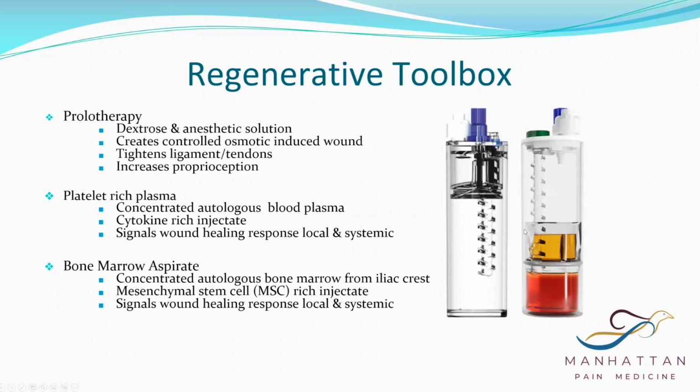Like platelet-rich plasma, bone marrow aspirate takes autologous bone marrow. We get that from the iliac crest, and we spin it down in a centrifuge, and again get a nice amber-colored injectate, and place that under ultrasound guidance into the area of damaged tissue that signals a wound healing response.